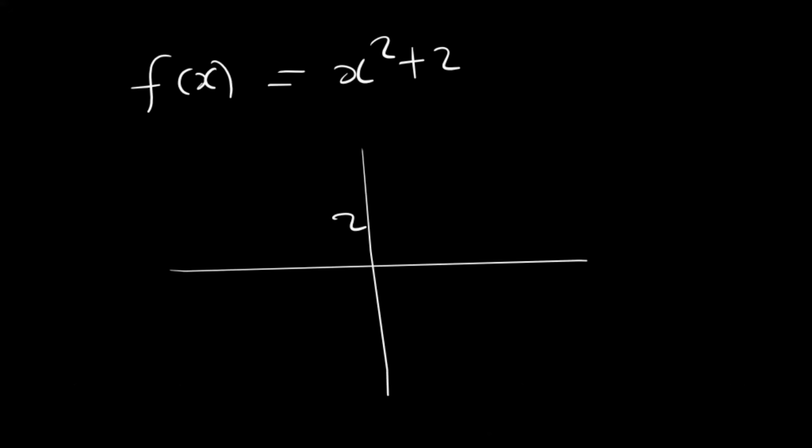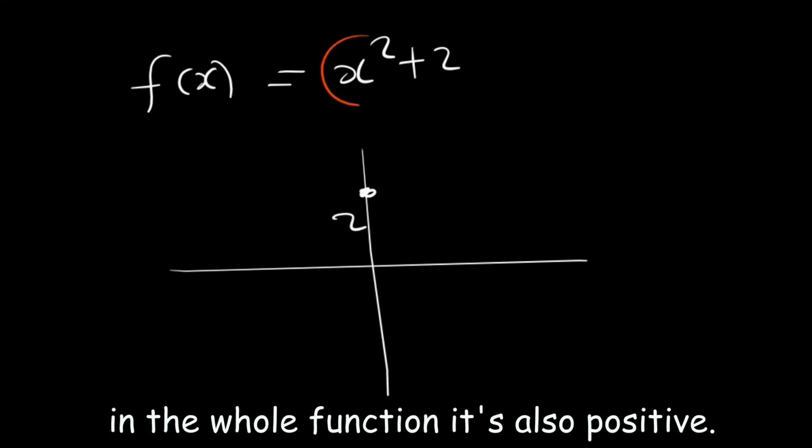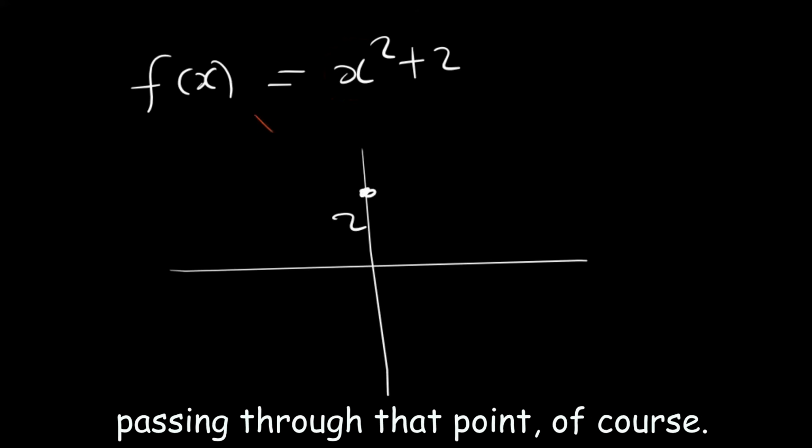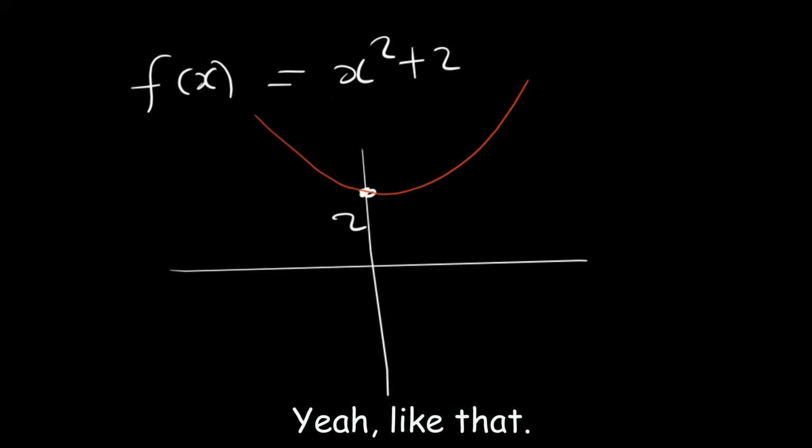Now at 2, we can either come down or go up like that. Now to go up or come down is based on the values of the whole function. So we're able to see that x here is positive, and the whole function is also positive. So basically we're going to go like that on top, passing through that point, of course. Yeah, like that. So that would be our graph.